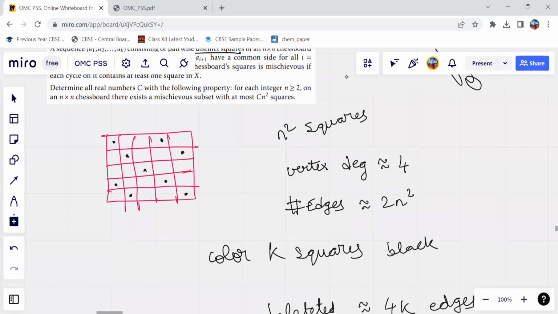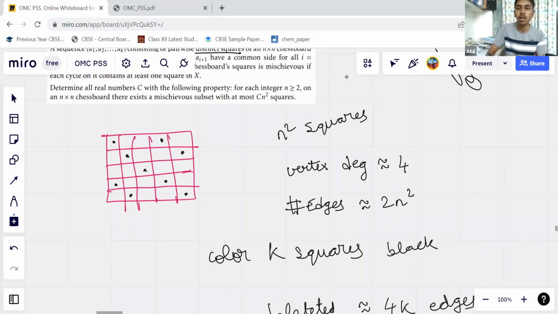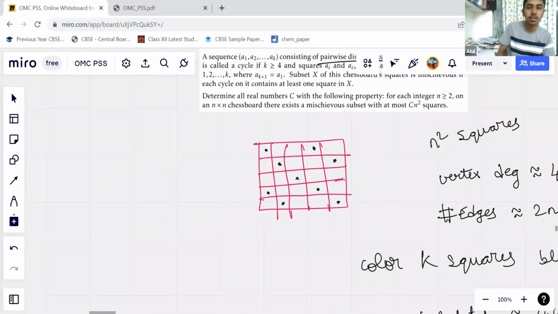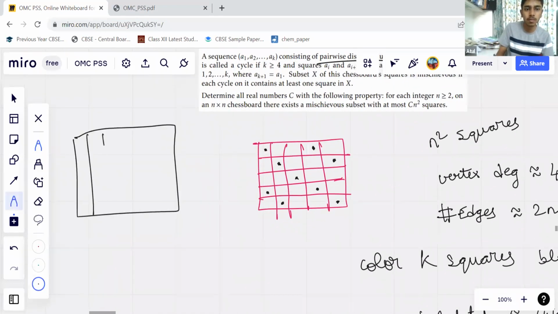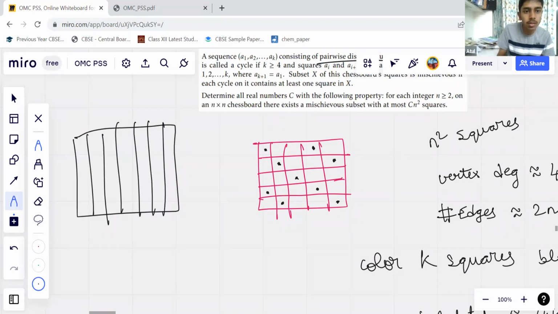Your construction did better, right? This does 9 squares, yours did 8 squares. No, that's only because I picked this case. I was getting around n²/2 colored. It just happened in this case. It's like n² minus n over 2. So for large enough n, this construction is better. So for this square, our construction is 3, 4, 5, 6, 7.